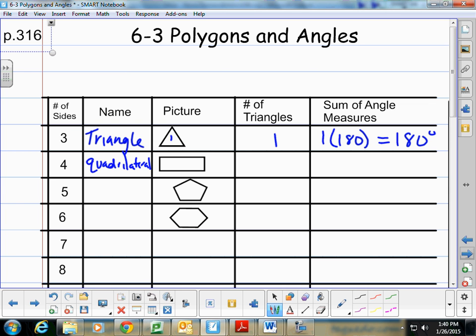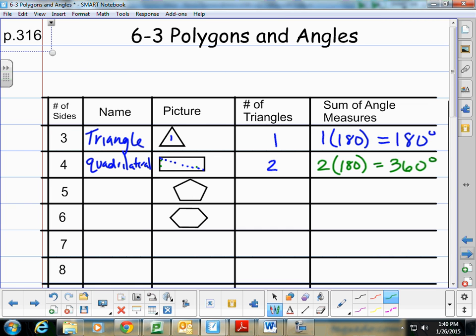Notice if you cut a quadrilateral in half, you make 2 triangles. That means we have 2 figures whose angle measures add up to 180. So we have 2 180-degree figures making a total of 360 degrees. So the sum of those inside measures is 360 degrees.